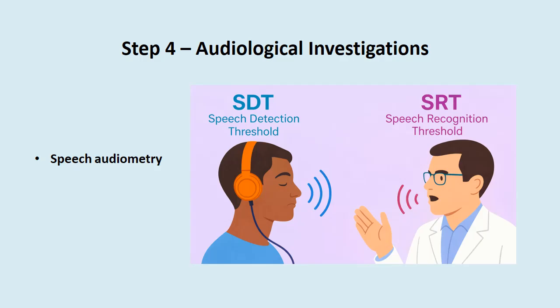The key components include speech reception threshold, the lowest intensity at which 50% of speech is correctly identified. Speech discrimination score or word recognition score is the percentage of correctly identified phonetically balanced words at supra-threshold levels. These help confirm the type and severity of hearing loss.